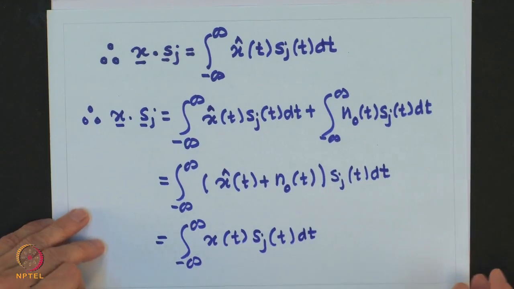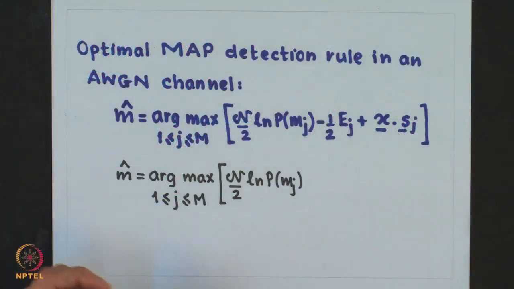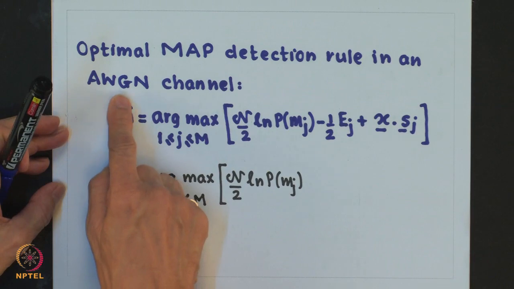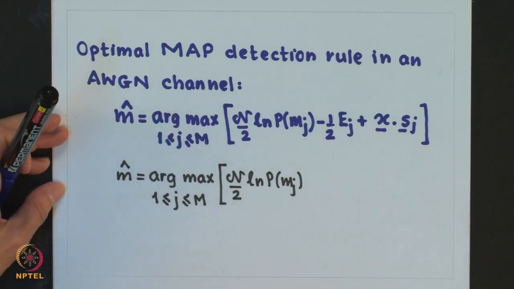So, now using this we can quickly modify our optimal MAP detection rule. We have seen that the optimal MAP detection rule in an AWGN channel is given by this.